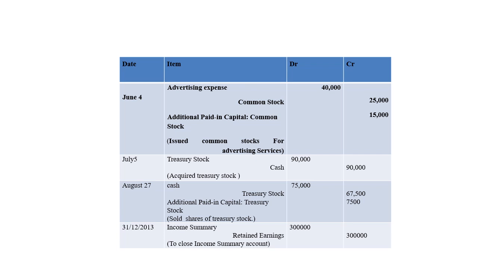The difference between the value of the advertisement 40,000 and the common stock capital 25,000, we subtract 40,000 minus 25,000, we get 15,000 additional paid in capital common stock, and that's issued common stocks for advertising service. Then in July 5, he says purchased 2,000 shares of its own common stocks.